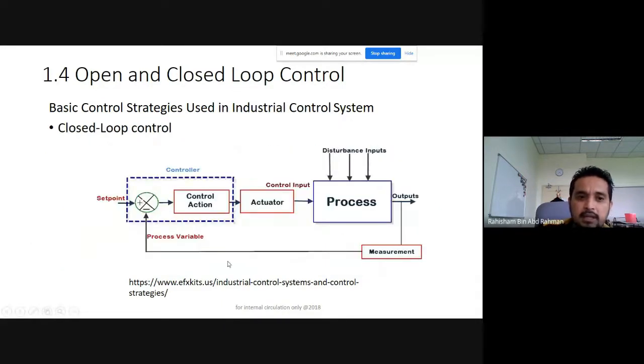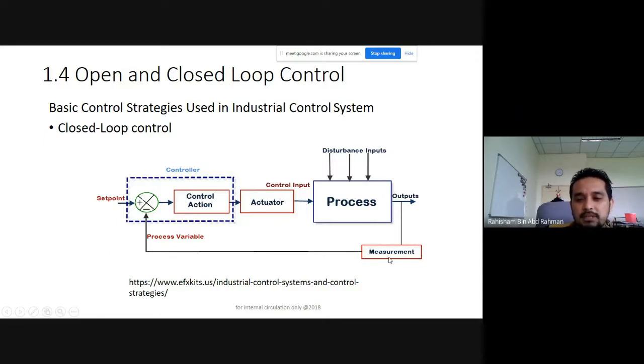Okay, and lastly, we have closed loop. Just now we mentioned open loop, and now we come to closed loop. Closed loop is even better. Why is it better? We take into account the disturbance, and on the other side we also measure the output.